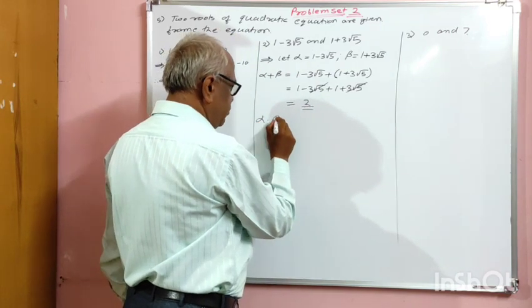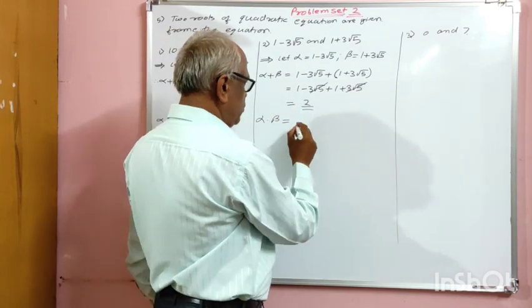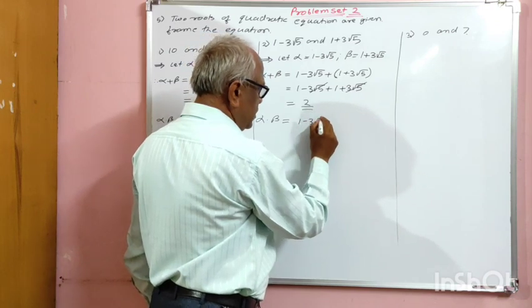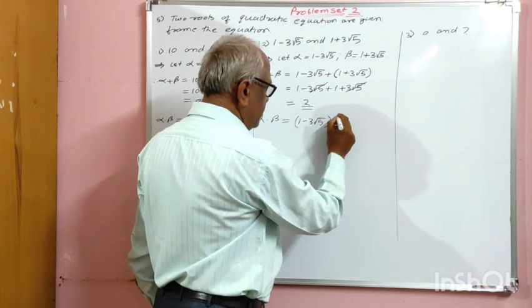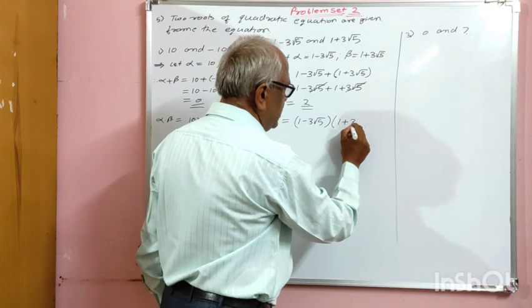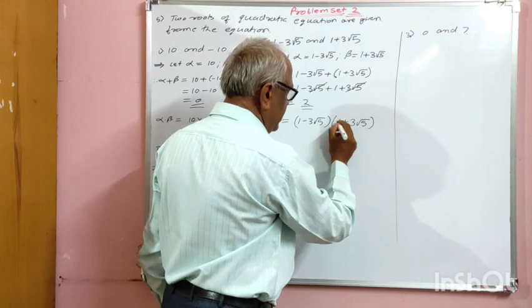Now alpha into beta is equal to 1 minus 3 under root 5 in another bracket 1 plus 3 under root 5, this is the beta value.